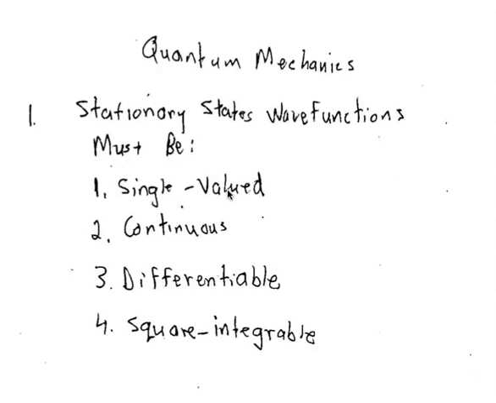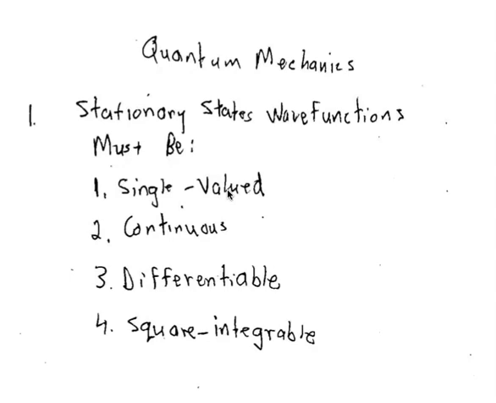The function must be continuous. There's no discontinuous places within the range that the function exists. The function is differentiable in the entire range that you're talking about. And the function is square integrable.